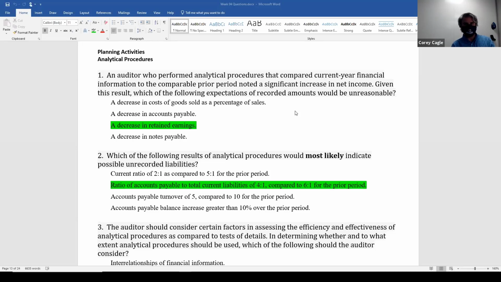But from everything I've ever been taught and everything I've noted, as sales and income go up, so does pretty much everything. So I'm looking at this and saying, I feel like a decrease in accounts payable would be something to note. They said, oh, with all the income that you've earned, you would be able to pay those down.